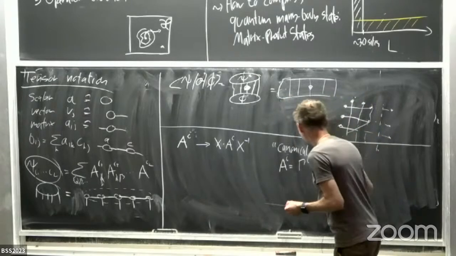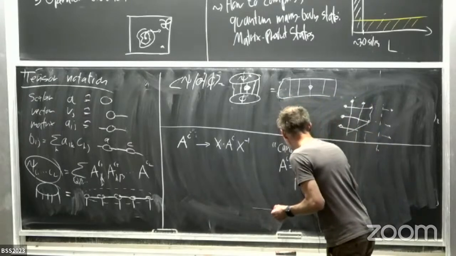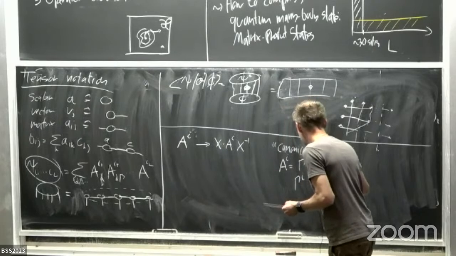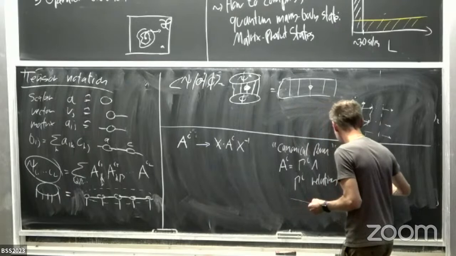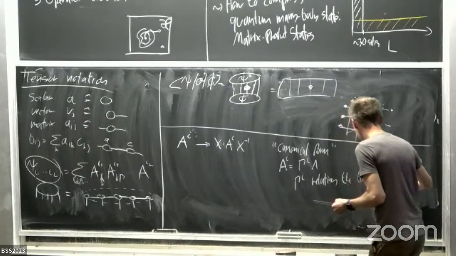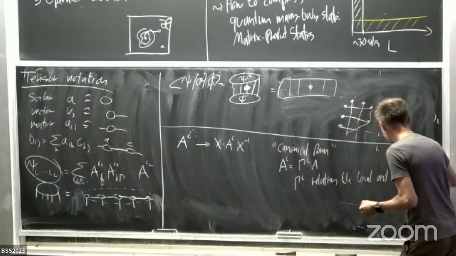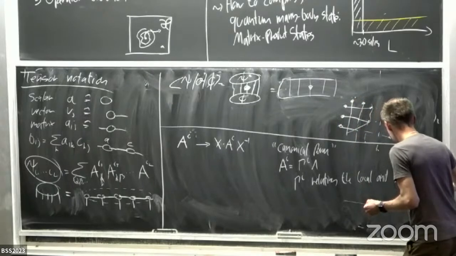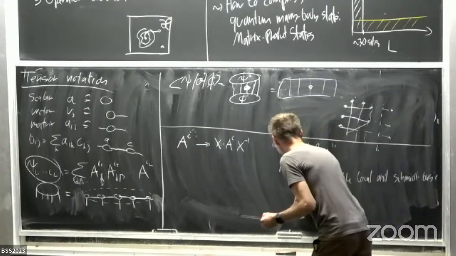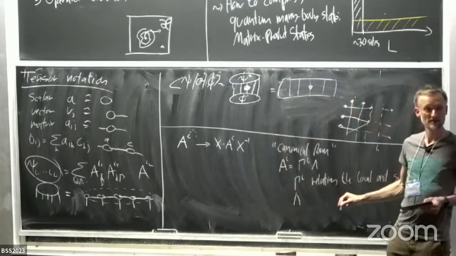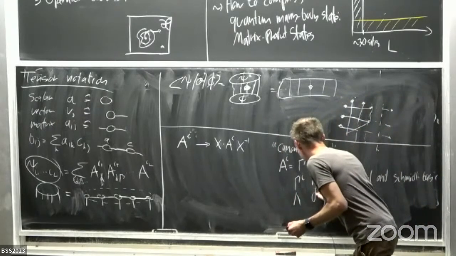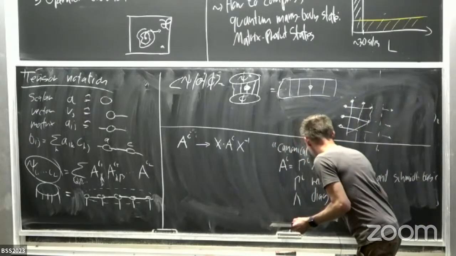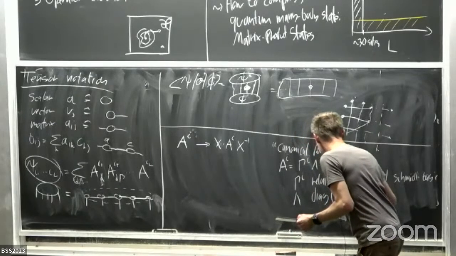The Gamma^i is a matrix relating the local and Schmidt basis. And my matrix Lambda is just a diagonal matrix containing the Schmidt values lambda_alpha.